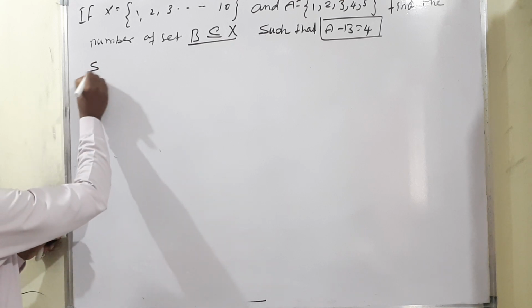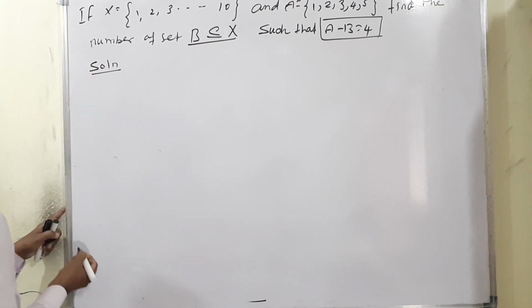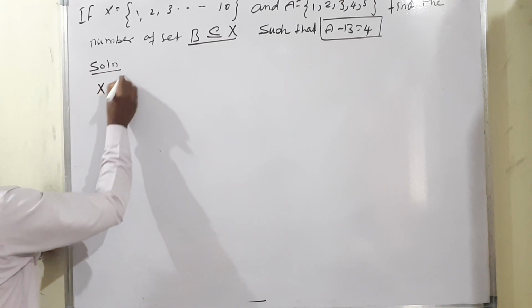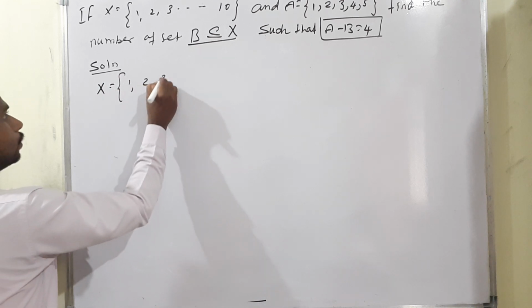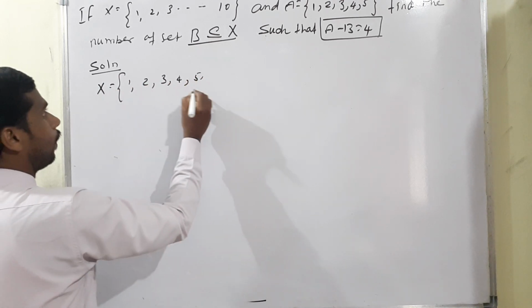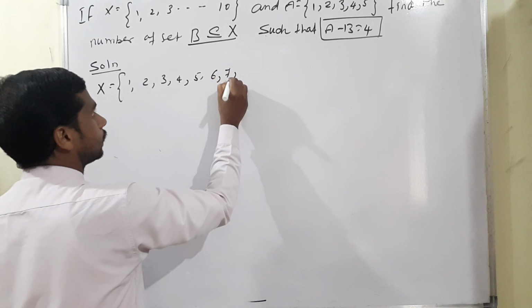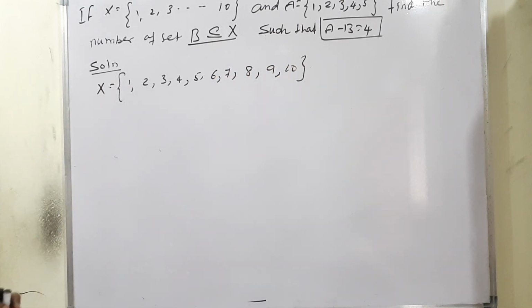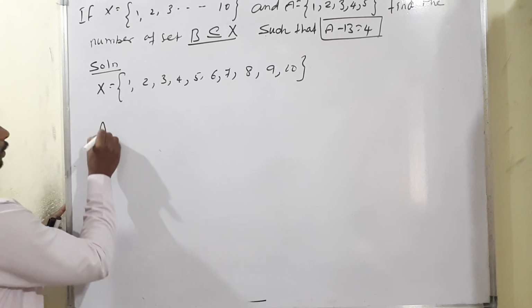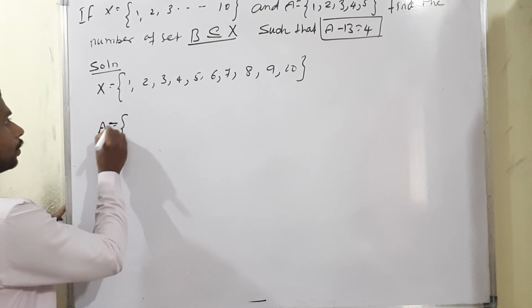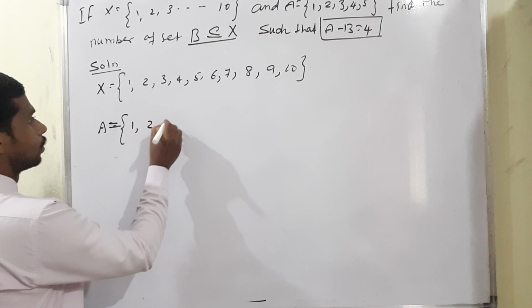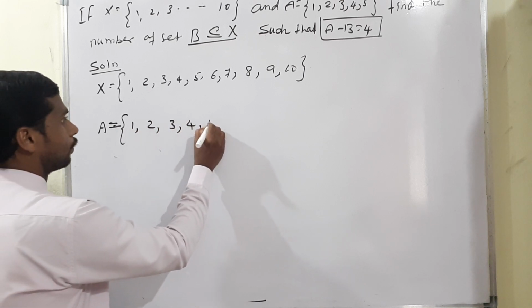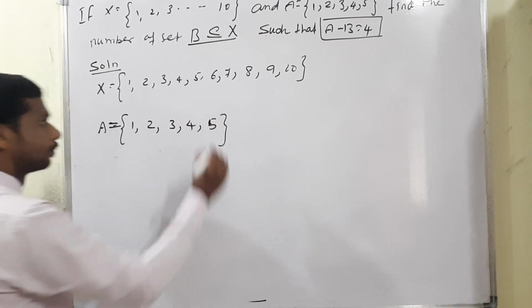Solution. So given X is equal to 1, 2, 3, 4, 5, 6, 7, 8, 9 and 10. Then A is equal to 1, 2, 3, 4 and 5.